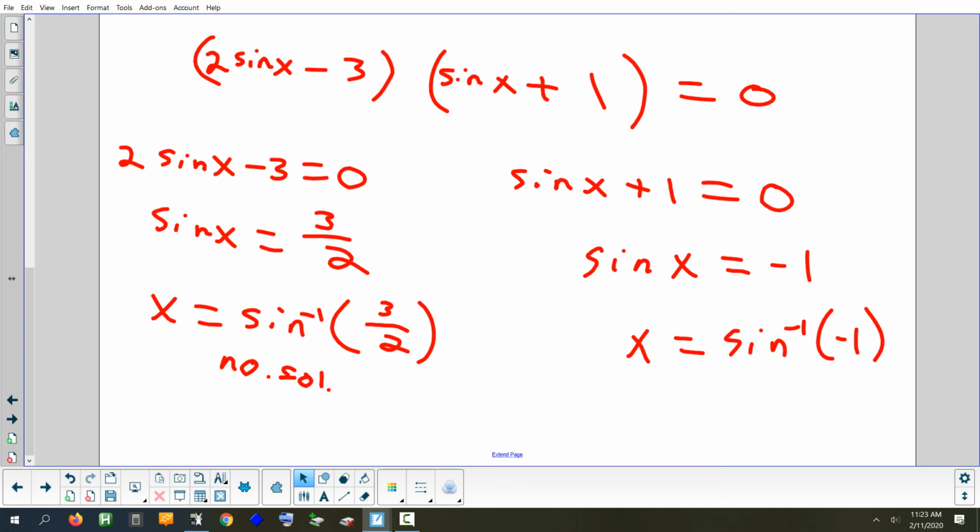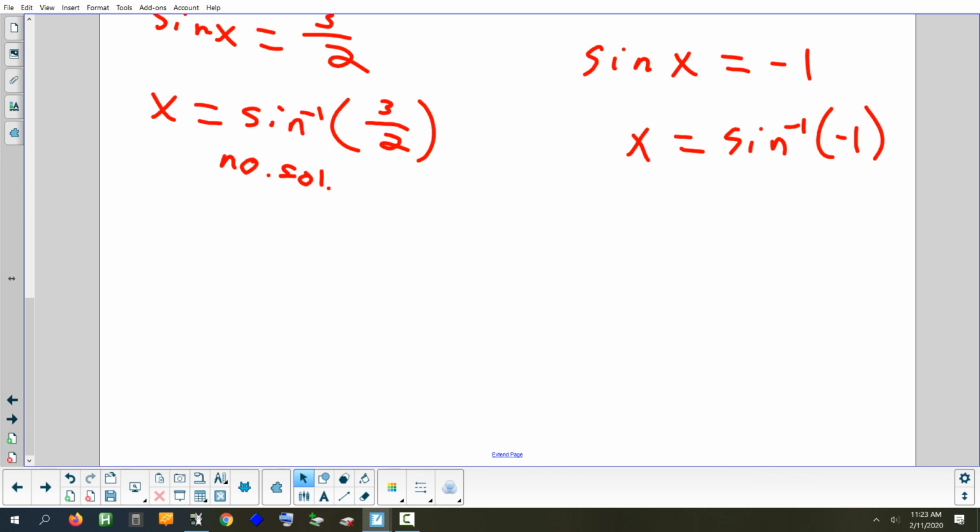Yeah. Then that one will work. Normally what I would do is do inverse sine -1. I can probably do it quicker just thinking about that. Where do you hit -1? 3 pi over 2, or if you wanted degrees, that's 270.